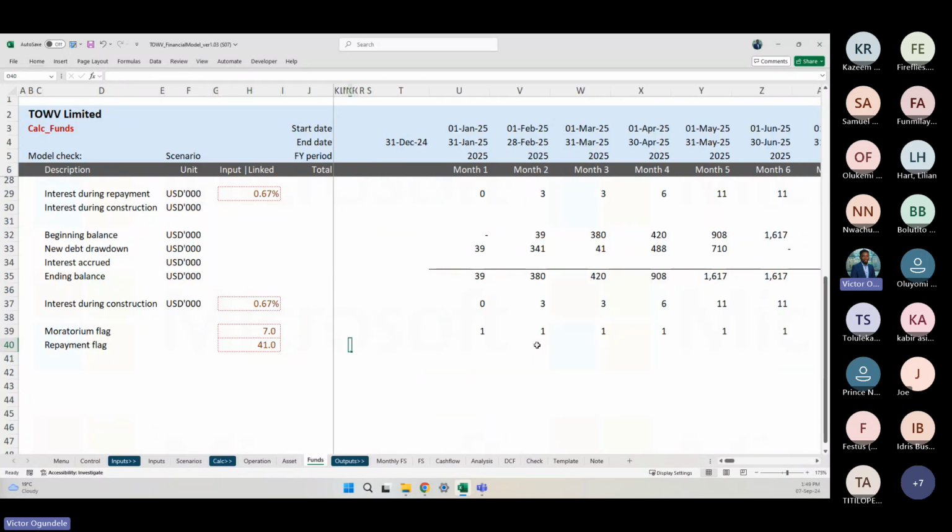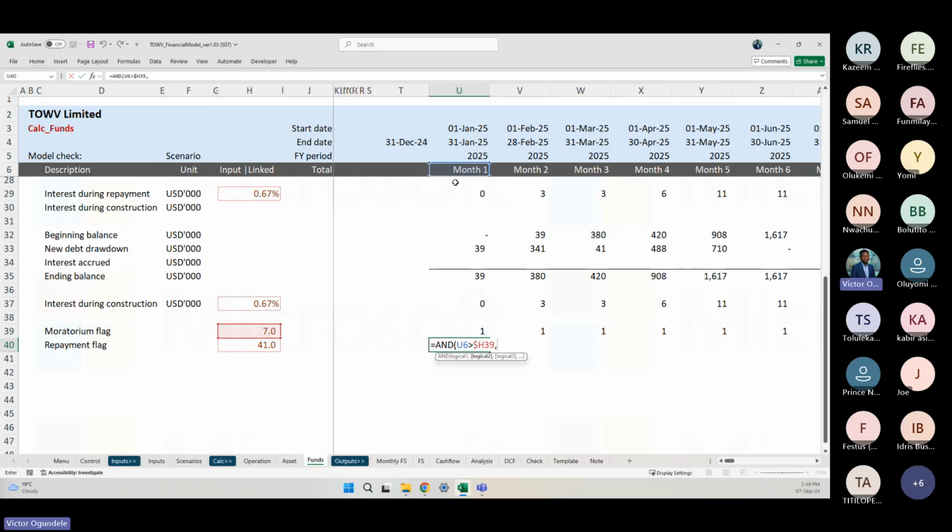So to do that, equal to, I put my AND function. The first thing is my period up here should be greater than our moratorium period, which I'm going to keep the column constant, comma. So the month up here should be greater than the moratorium period.